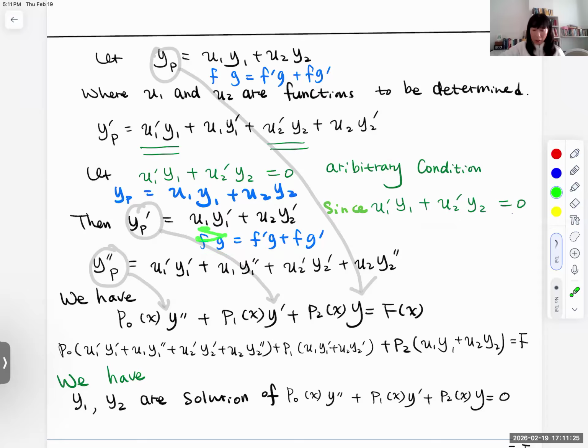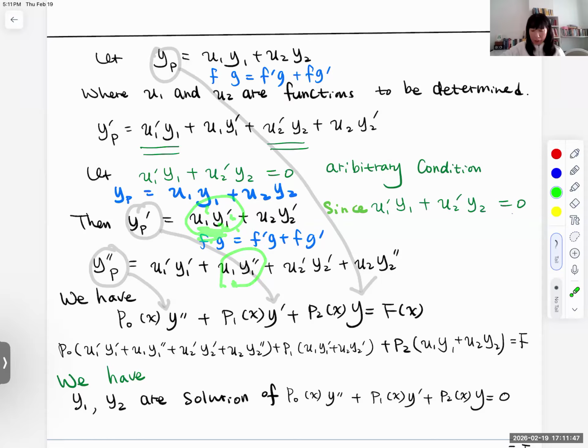The first one, f prime, will be u sub 1 prime, y sub 1 prime, plus f g prime, where f is u sub 1 and g prime is y sub 1 second prime. That's how they got it.